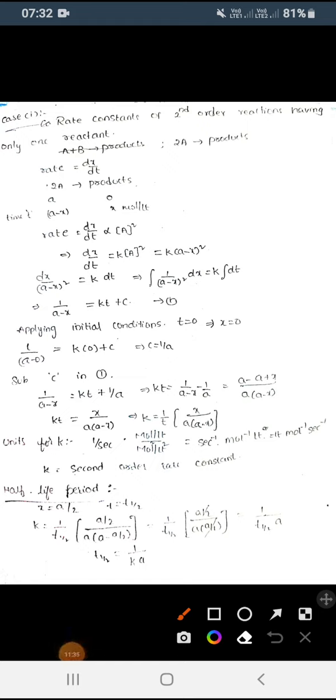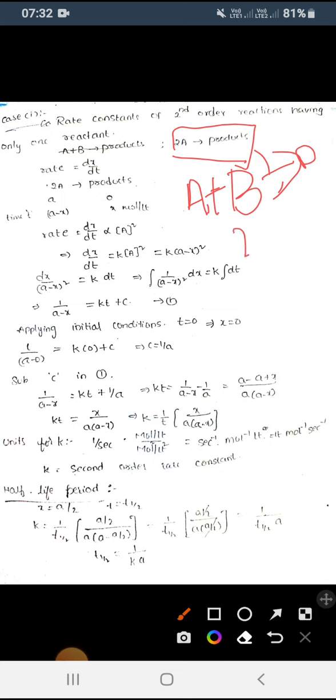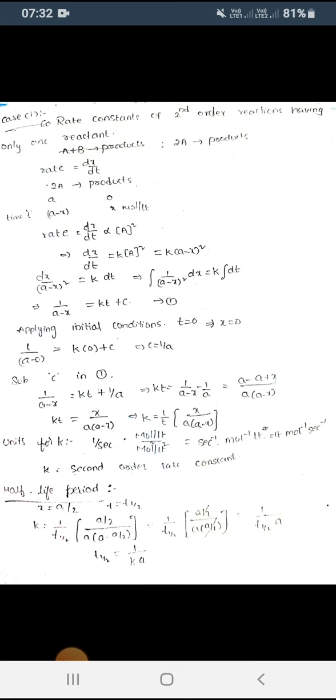One is 2A gives rise to products, or A plus B gives rise to products. 2A is also a second order reaction, 2B is also a second order reaction. Now let us consider the first case, that is 2A gives rise to products.